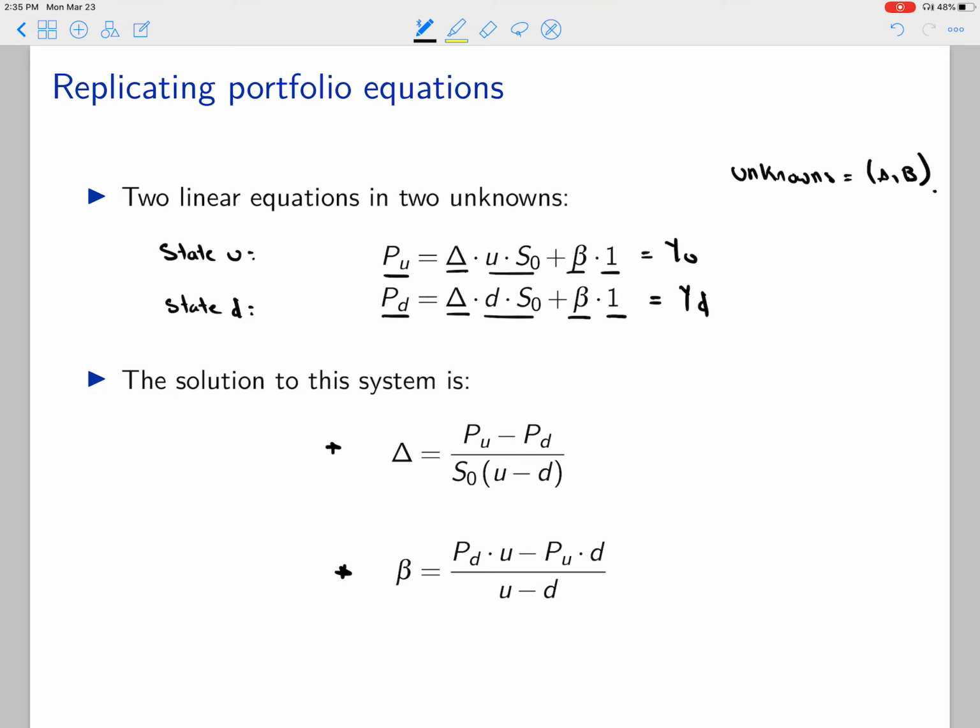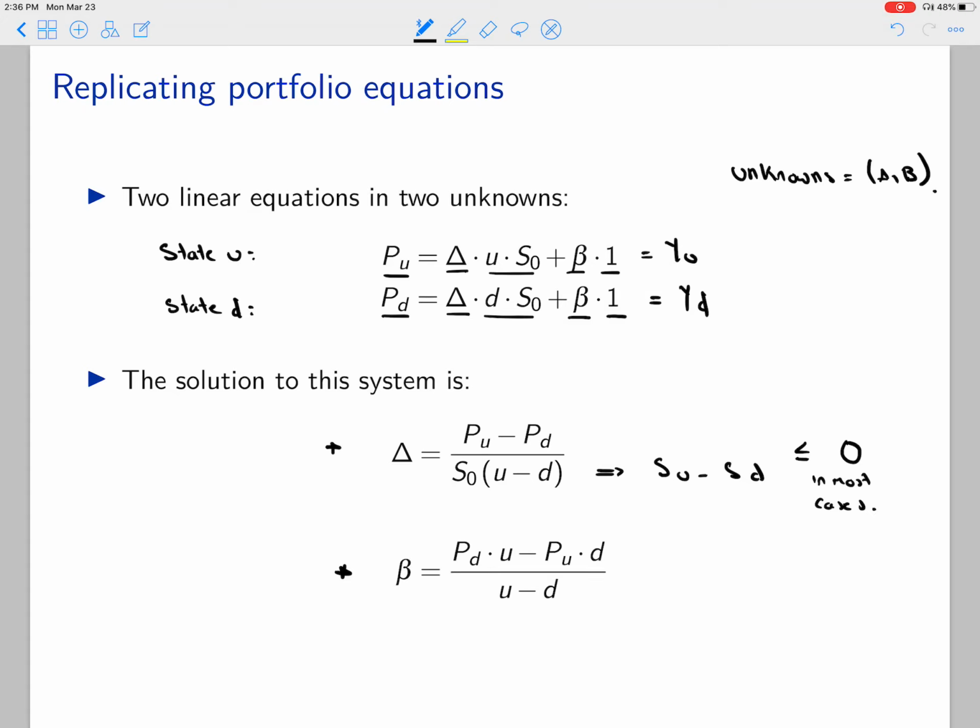The delta that equates the payoff of the replicating portfolio to the put is equal to P sub U minus P sub D over S sub 0 times U minus D. Notice that the bottom portion is just S sub U minus S sub D. Also notice that this delta is going to be less than or equal to 0 in most cases. Usually, if we arrange this correctly, we have that P sub U is less than P sub D.